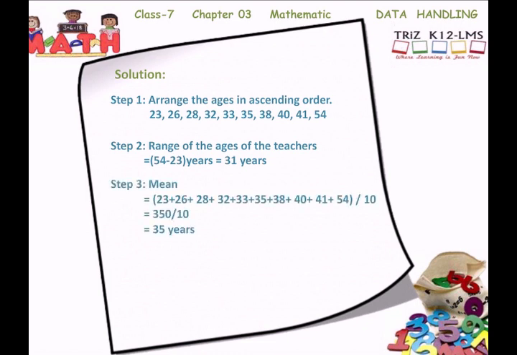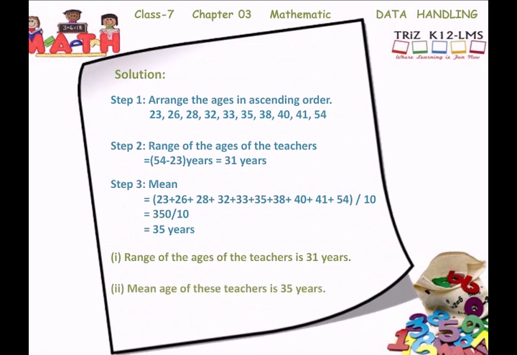Mean is equal to 23 plus 26 plus 28 plus 32 plus 33 plus 35 plus 38 plus 40 plus 41 plus 54 divided by 10, is equal to 350 divided by 10, that is 35 years. Range of the ages of the teachers is 31 years. Mean age of these teachers is 35 years.